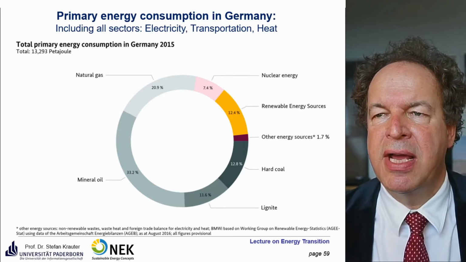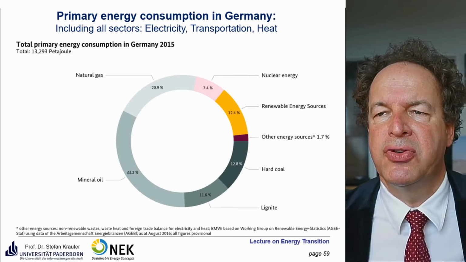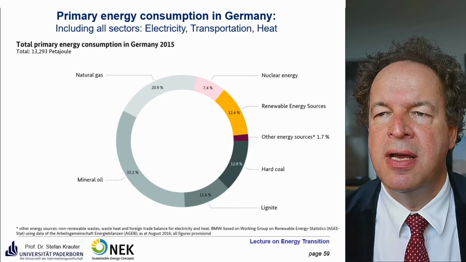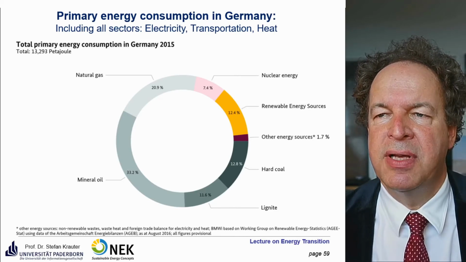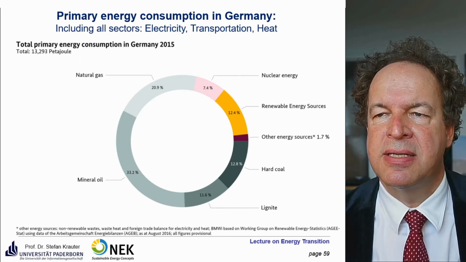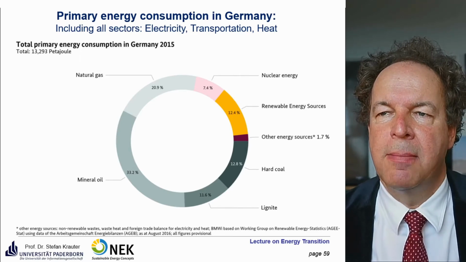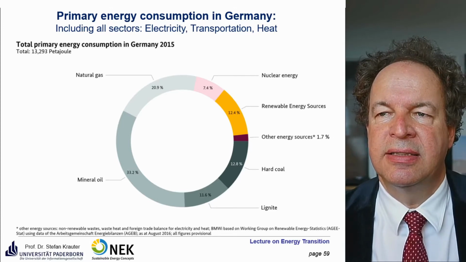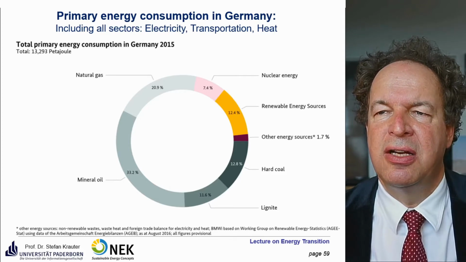But that's not the way they calculate it. They calculate it with the so-called efficiency method. They say that the output of the renewable power plants, the electricity, is accounted for as primary energy, and therefore the share of renewable energy is relatively low.